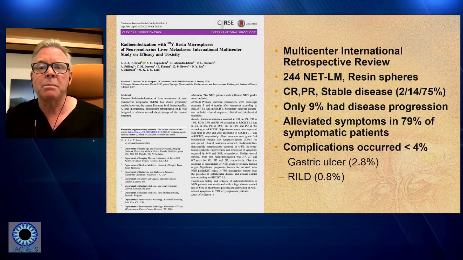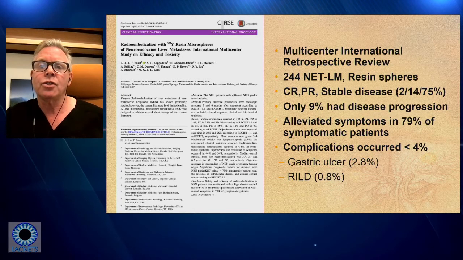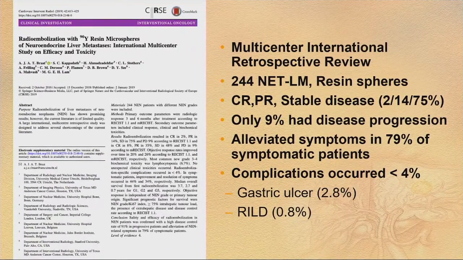We're going to look at a couple of papers here. This is a multi-center retrospective review on 244 patients who have neuroendocrine liver metastases that were treated with resin spheres, or the trade name is Sir-Spheres. You can see it's uncommon for the tumors to go away, which is a complete response. It's much more common to see a partial response or stable disease.